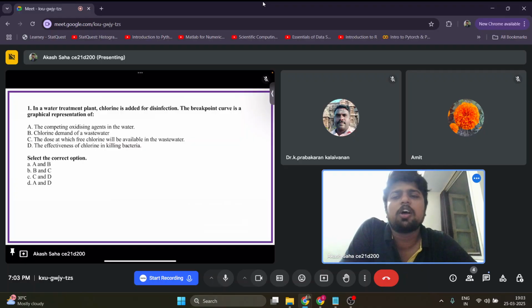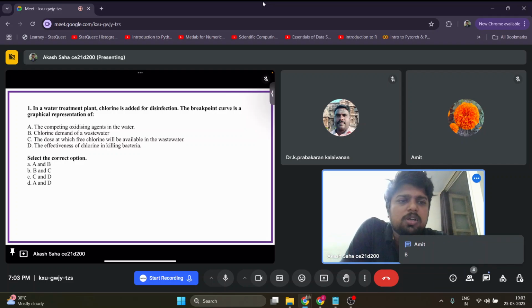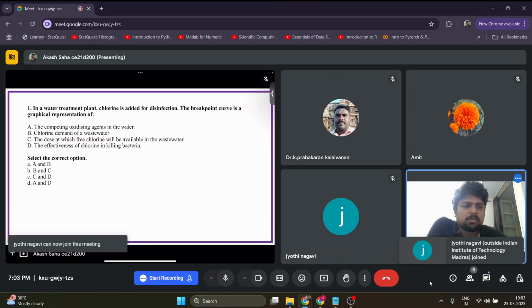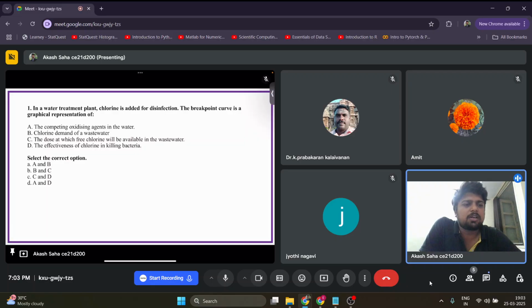Because the effectiveness of the chlorine killing the bacteria will only be known if we know the initial and the final amount of bacteria present in the system, right? So only after doing the TCFC test or some kind of coliform test, before and after giving the chlorine dose, will we know its effectiveness or the disinfection efficiency.